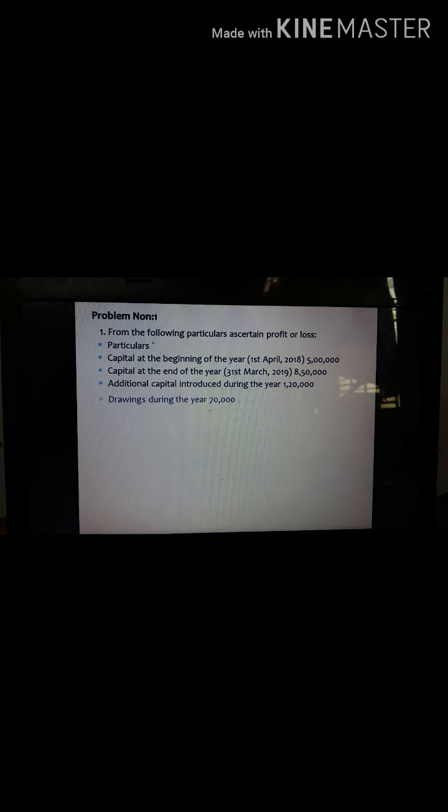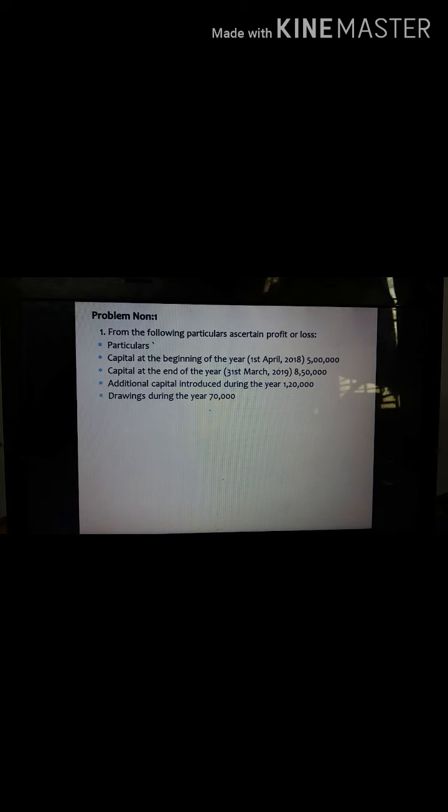The particulars given here: capital at the beginning of the year 5 lakhs, capital at the end of the year 8,50,000, additional capital introduced during the year 1,20,000, drawings during the year 70,000. All the information is given in your exercise problem.